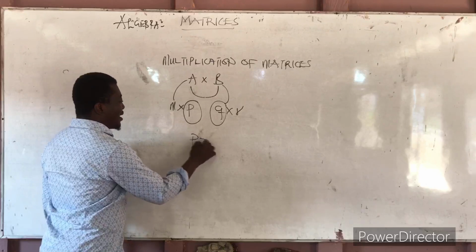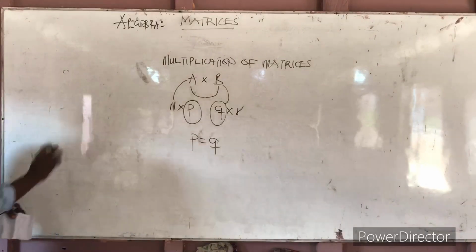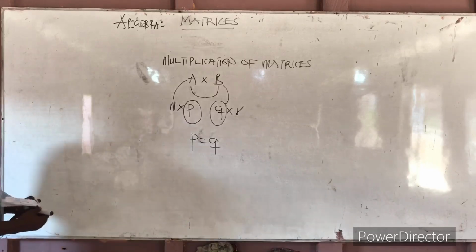So if P is equal to Q, that is the only time you can multiply these two matrices.